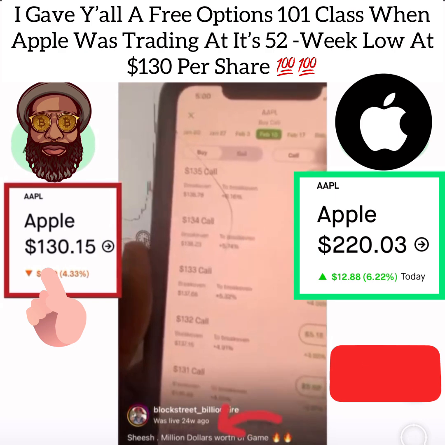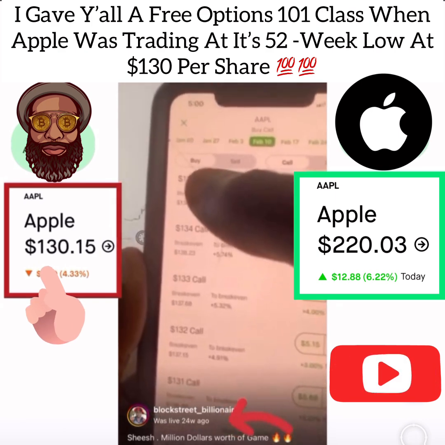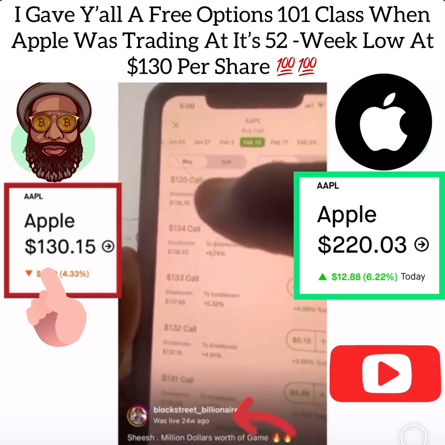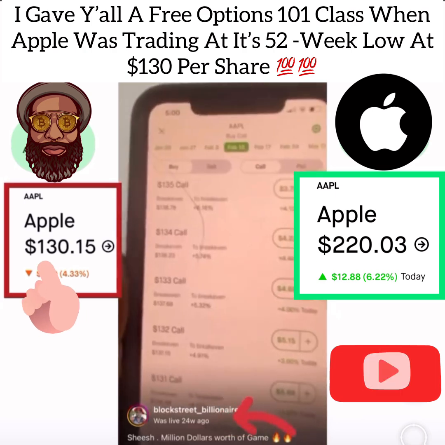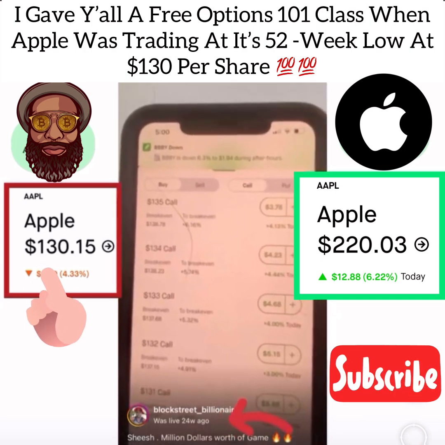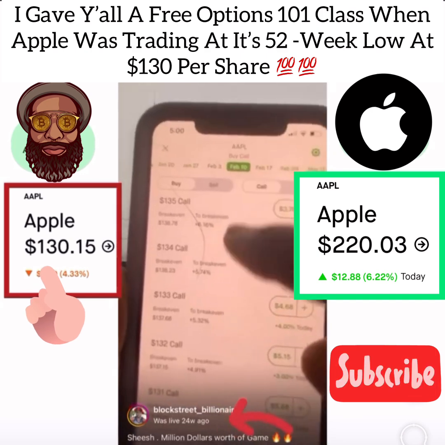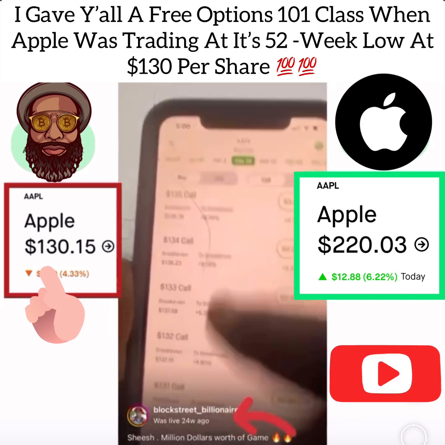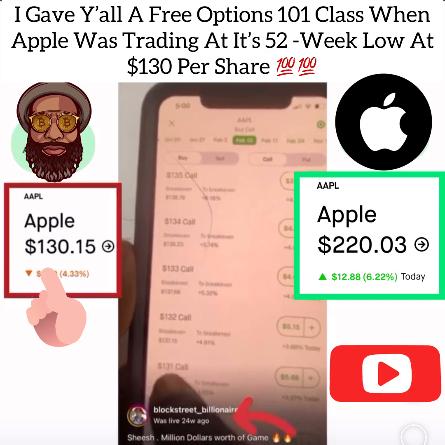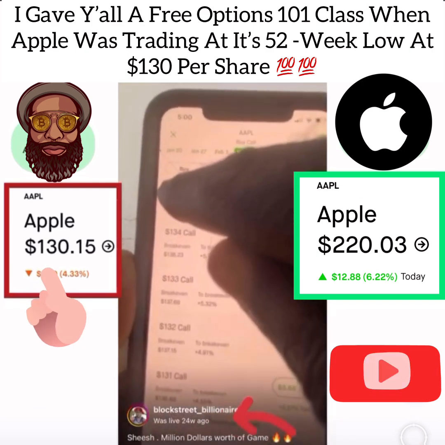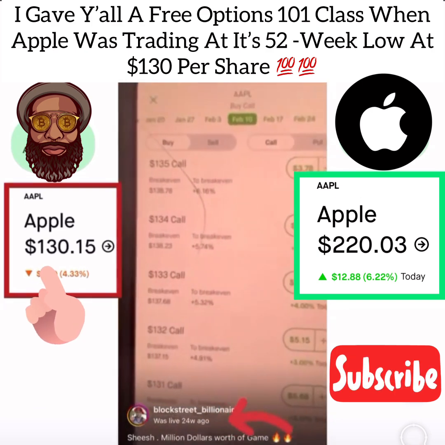But if Apple goes to, let's say, 135, right, they are now obligated to sell you 100 shares at 131, even though Apple is right here at 135.